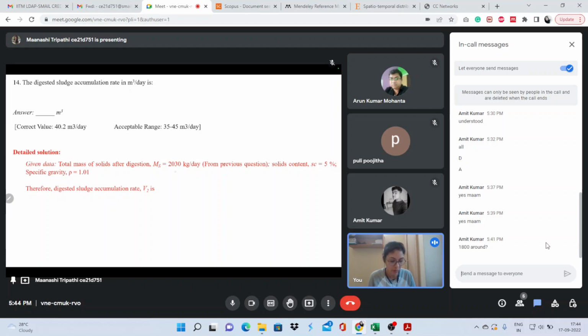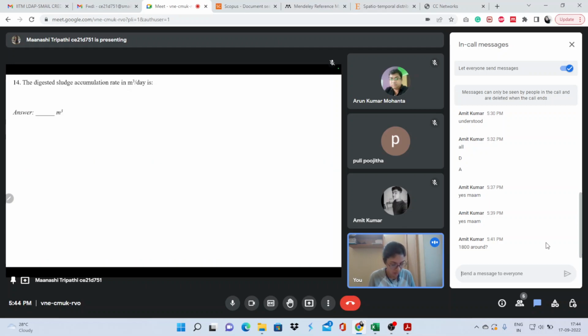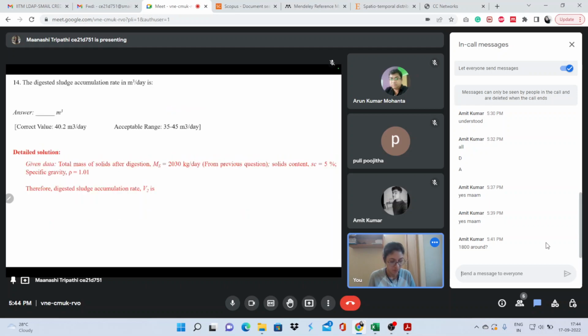Total mass of solid was 2030, that we just calculated. Solid content is 5%. Specific gravity is 1.01. Specific gravity is sometimes given or sometimes you will just assume.